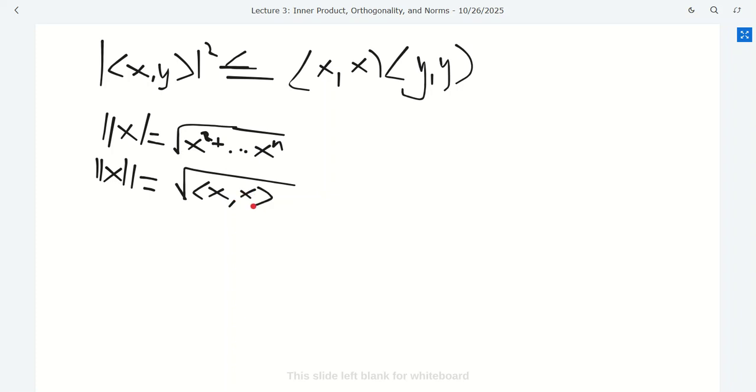We can do this because this is 2, not n. From the inner product, if you want to find the inner product of two vectors, you multiply x1 y1 plus dot dot dot, then xn yn. Okay, it's the same thing that we have.